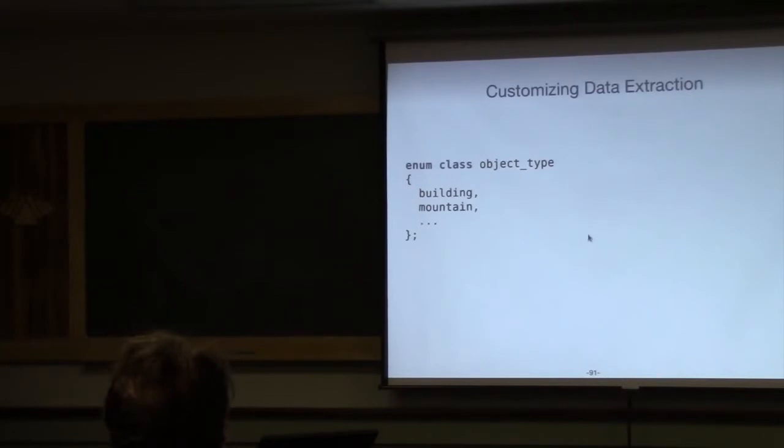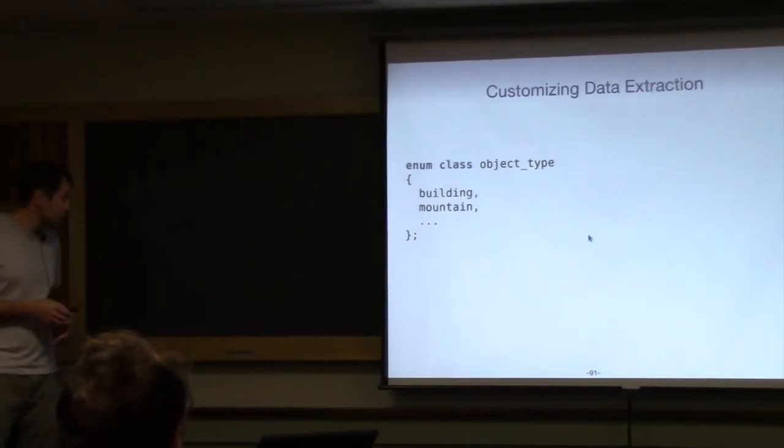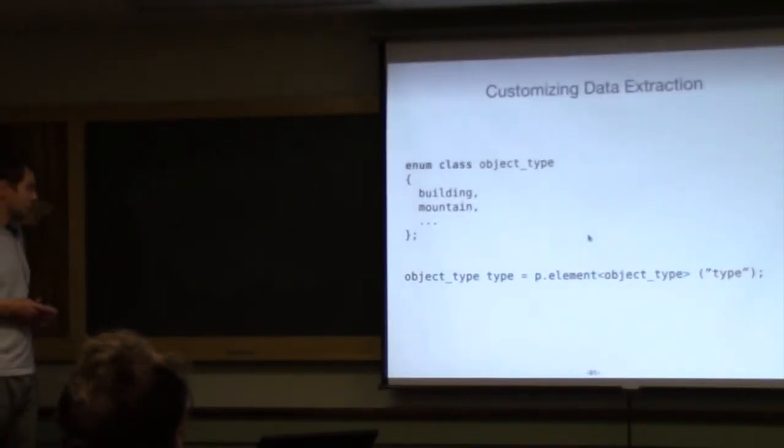For the type element, we would like to use this enum class. So I'm getting now to Sebastian's question, how do the extraction functions get to the conversion? We write the code very similar to the name element, except here we use the extraction function, and this won't compile.